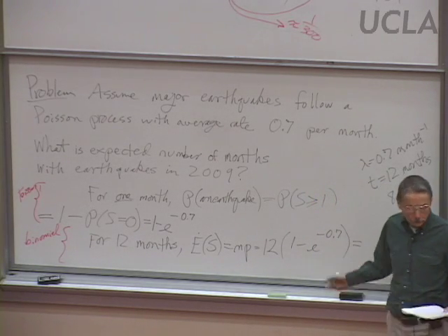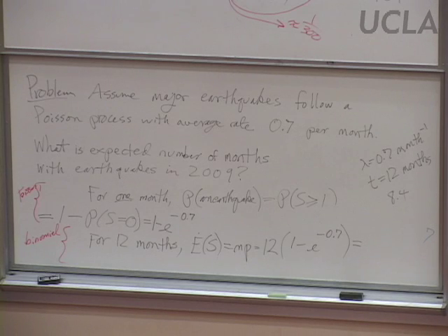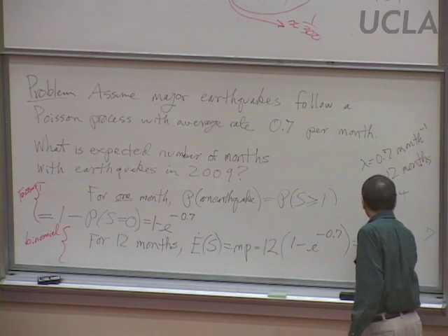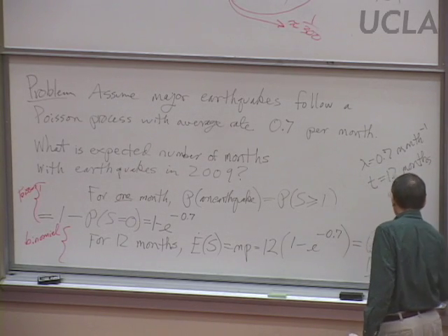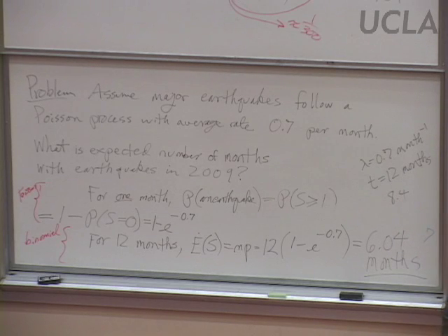And sooner or later we break out our calculator to see what this is. It's about 6 months. That is, the expected number of earthquakes for next year is 8 and some more, but the expected number of months is only 6. It's smaller because you could get more than one in a month.